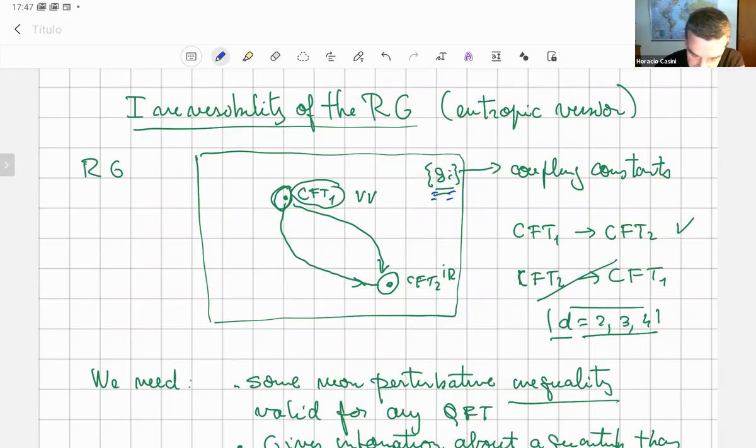So here what we are discussing is how the theory behaves between short distances and large distances. So in our case, we'll have a very precise meaning as something that changes when you compute some universal quantity out of the entropy for very small spheres or very large spheres. This will be the inequality that you find.